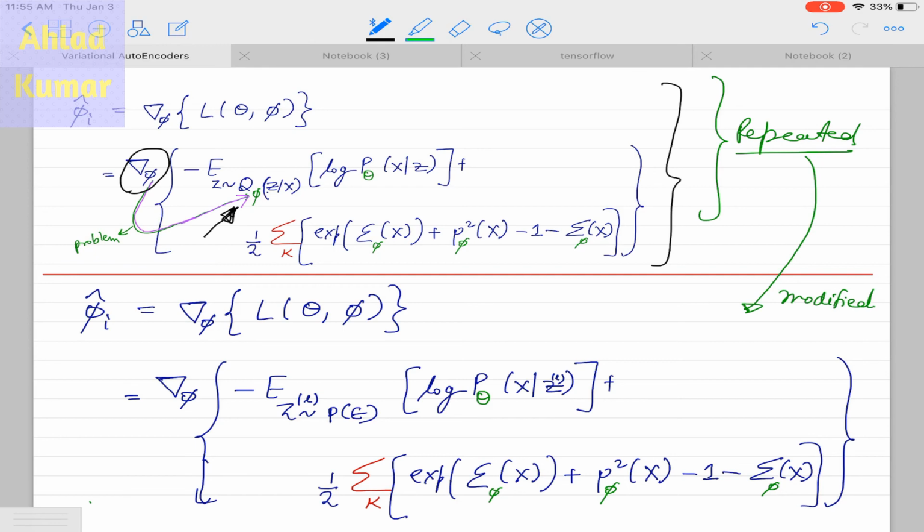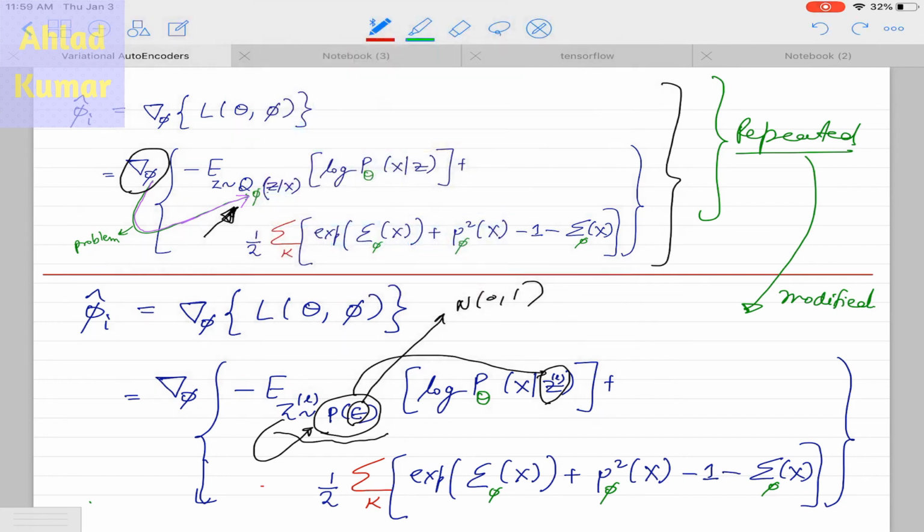So what we are doing through the reparametrization technique is removing phi from this argument and moving it inside. This is basically the random variable which takes samples from N(0, 1), whereas z^l is the samples that we obtain from this probability density function, that is p of epsilon naught.